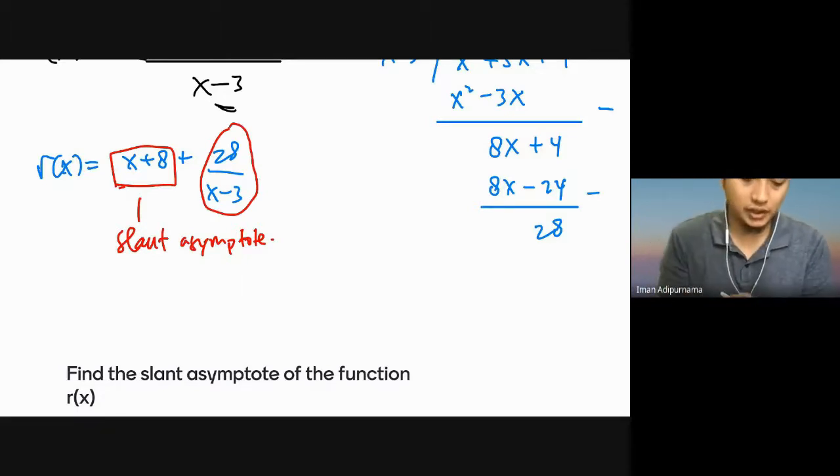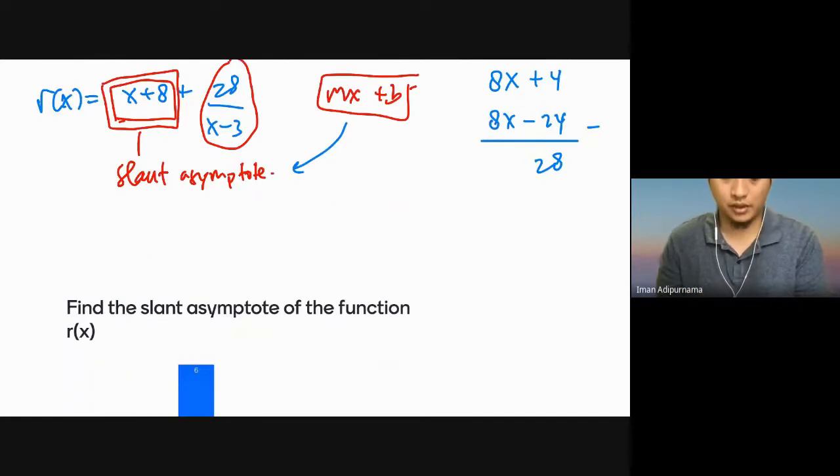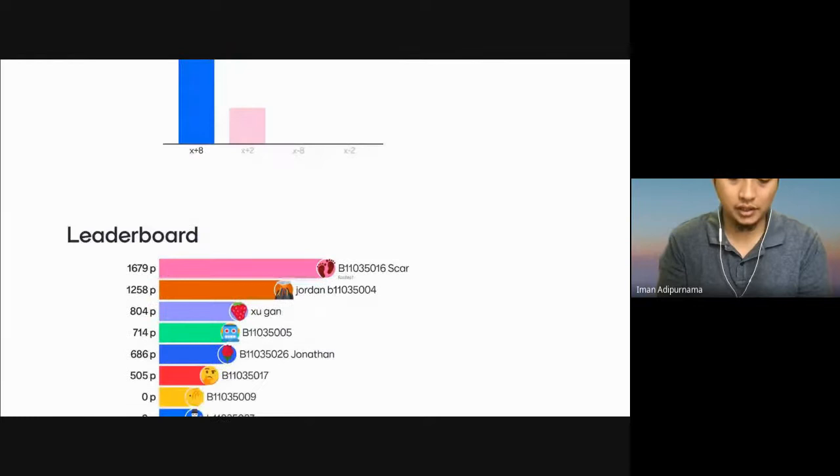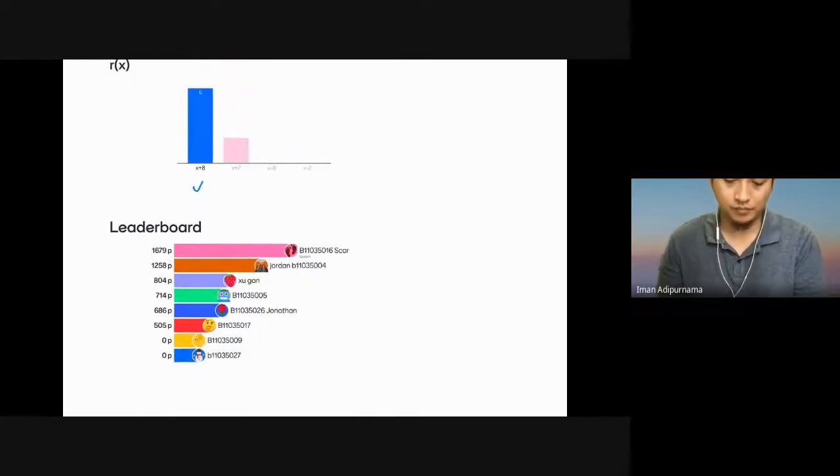As long as you get this mx plus b structure, you will know that this will be our slant asymptote. So x plus 8 is the slant asymptote. Congratulations again, Scarlett, for winning the game.